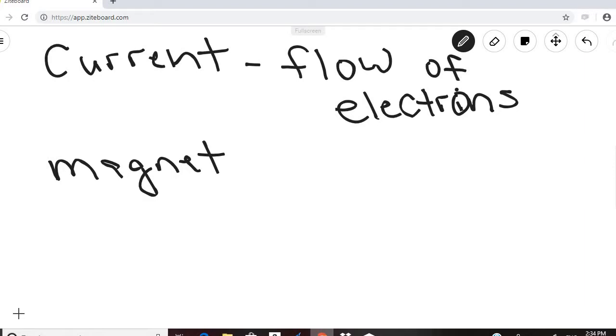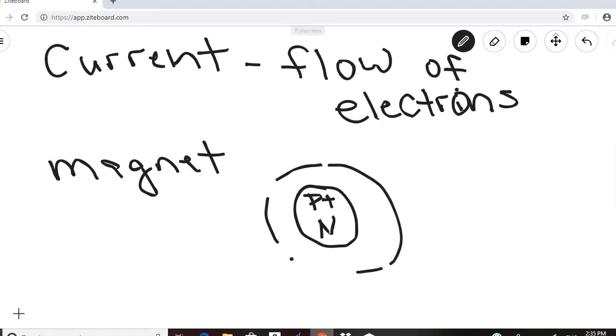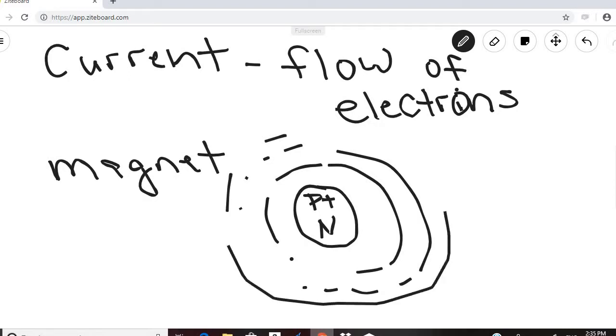remember that everything is made of atoms, and in the nucleus of an atom we have protons, which are positively charged, and we have neutrons, which don't carry a charge, and then orbiting around that nucleus in different shells we have electrons, and those electrons are negatively charged.